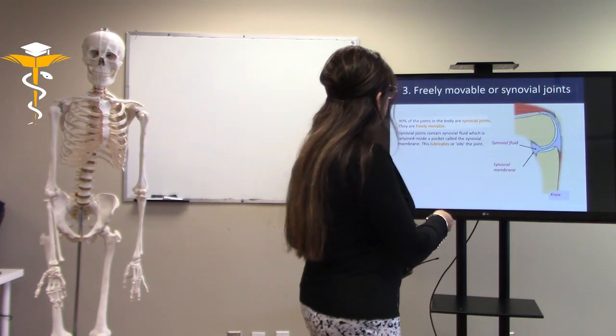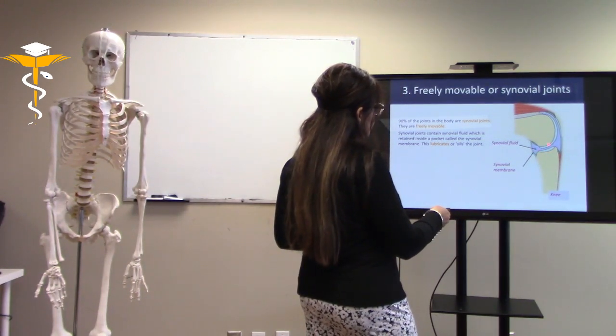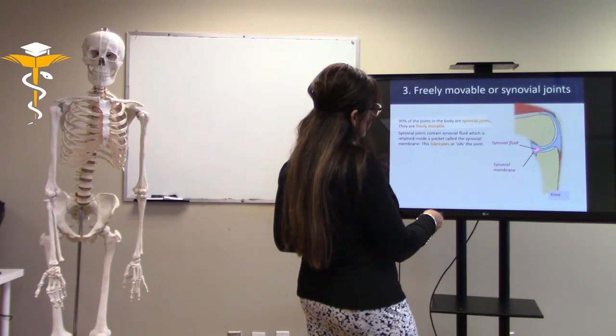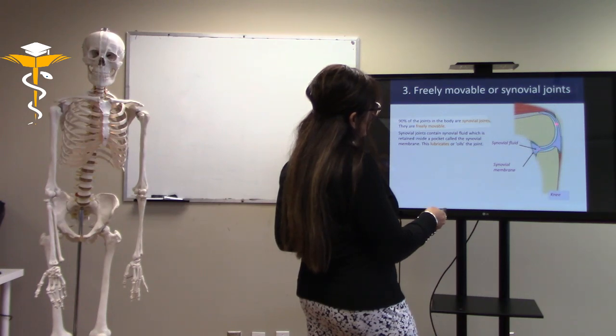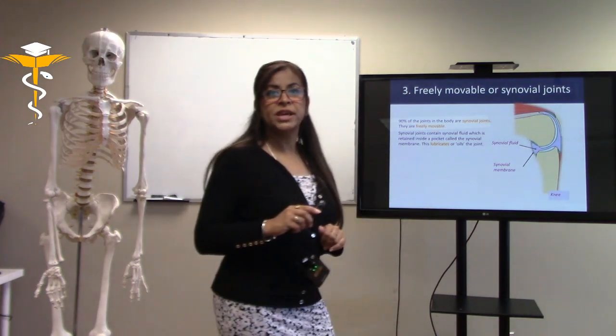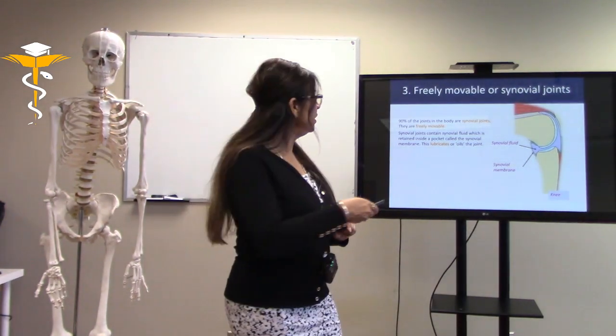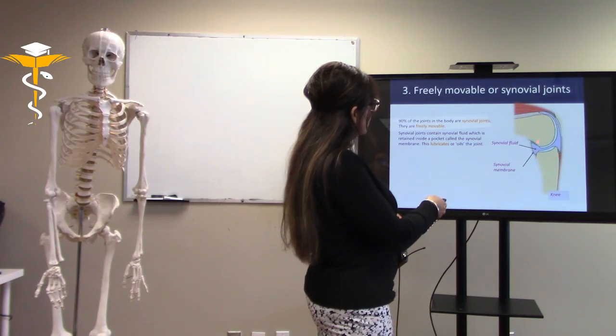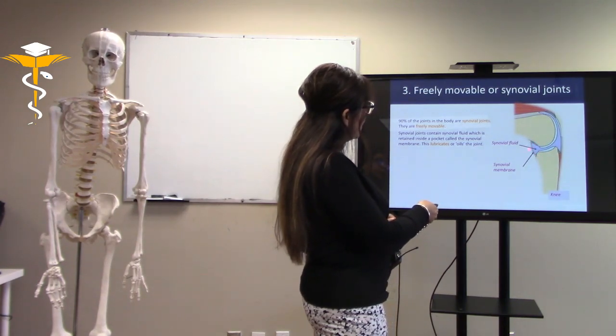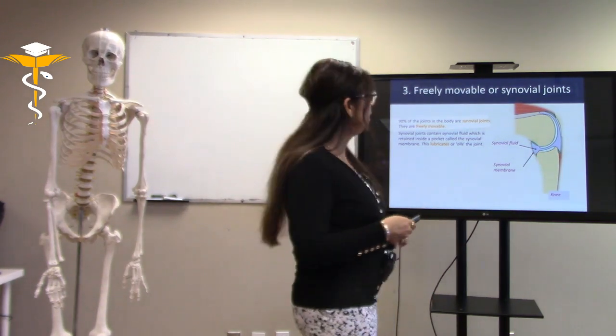So if you look here, this is the purple color in this diagram. This is actually the knee. So it's showing you the synovial fluid. The synovial fluid is protected by the synovial membrane, which is the structure here in the diagram, the one colored in green.